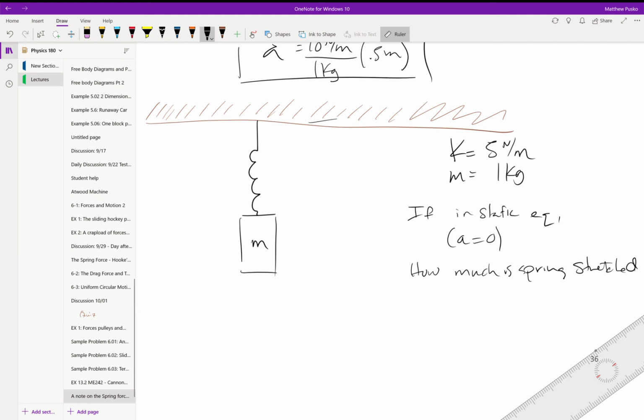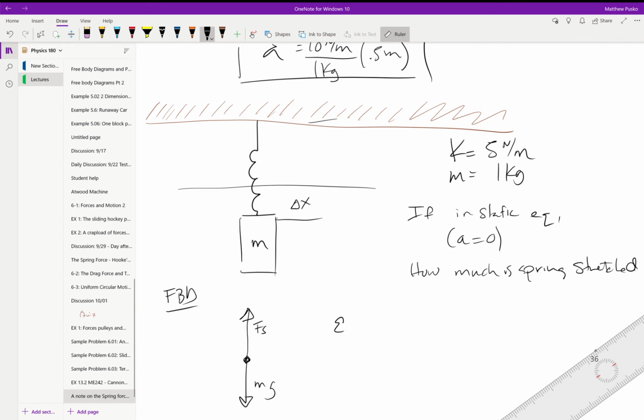Here's our mass. Let's go ahead and do a free body diagram. I have a mass with mg pointing down, and if we displaced it some delta x, if you had a mass hanging from a spring, the mass is going to cause the displacement to be in the downward direction, right? Because the only force acting on it would have to be pointing downwards, that means the spring force would be pointing upwards.